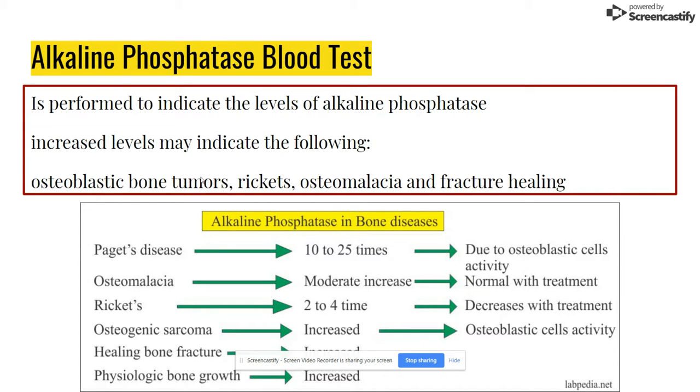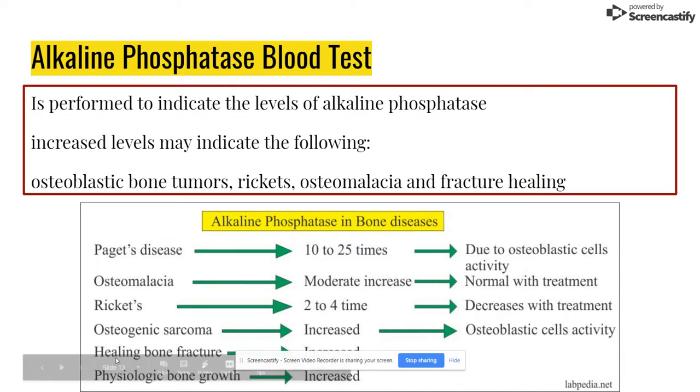So if you have any type of bone tumor, rickets, osteomyelitis, or in fracture healing, this is where bone is going to grow too. ALP is a very good indicator that our bones are growing. So Paget's disease, we'll see this ratio increase. This 10 to 25 times increase of ALP is always going to be a norm with Paget's.